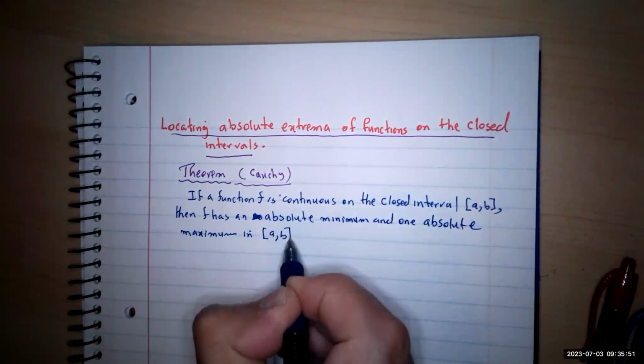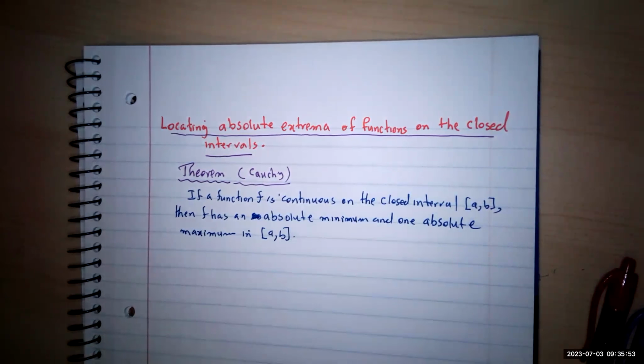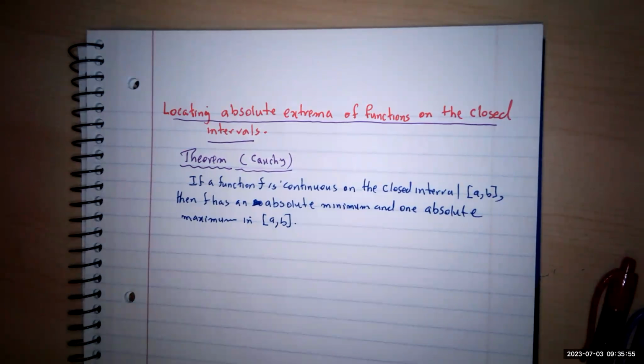So there is a guarantee that you find a number c such that f(c) is the largest value of the function, and you find a number d such that f(d) is going to be the smallest value of the function. That's the idea of this theorem. No proof is needed.